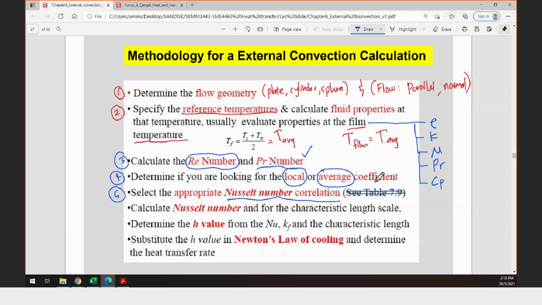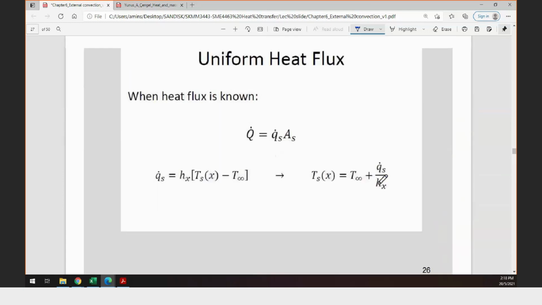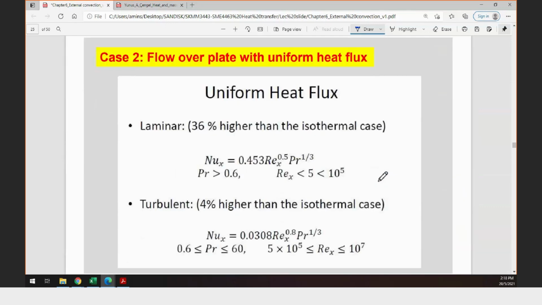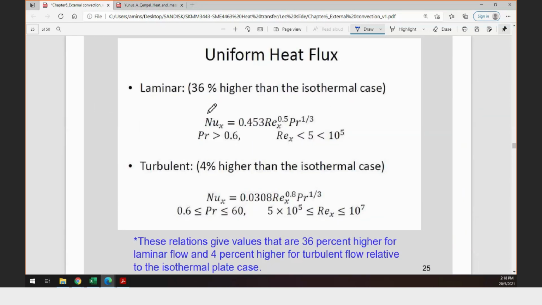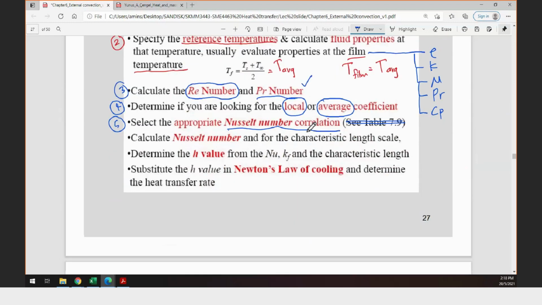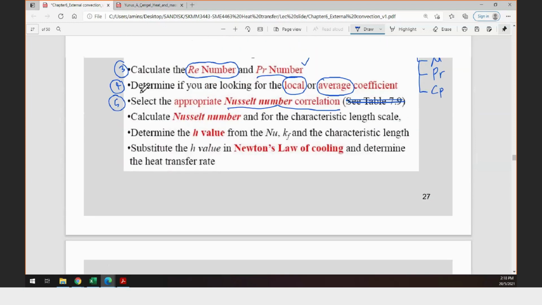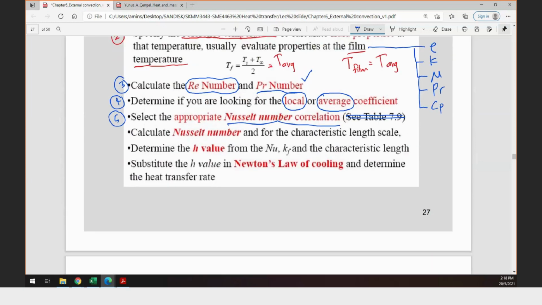How does it look? This is, for example, a Nusselt number correlation. Nusselt number equals some number times Reynolds number times Prandtl number. I can put it in the general relation: Nusselt number equals C Reynolds number to the power of m, Prandtl number to the power of n.